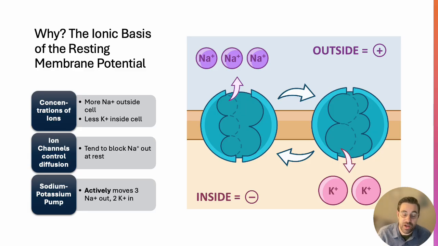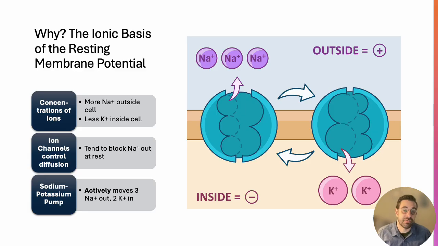And at rest, sodium can't get in. Sodium is blocked from getting in. It can go out though. So you've got a bunch of sodium on the outside, and it can't get back inside. And this is just at rest. So your neuron is not doing anything. It's not being activated, but it is set up in this imbalanced way with a bunch of sodium on the outside, potassium inside.